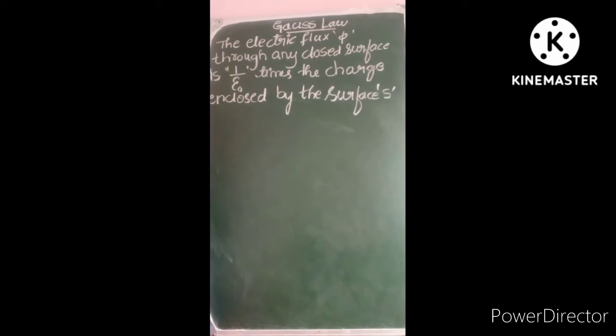This is the statement of Gauss law. Electric flux phi through any closed surface is 1 by epsilon naught times the total charge enclosed, that is Q by epsilon naught. This is the statement of Gauss law, and this is the mathematical form of Gauss law.